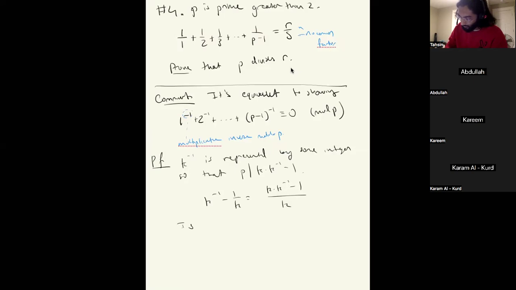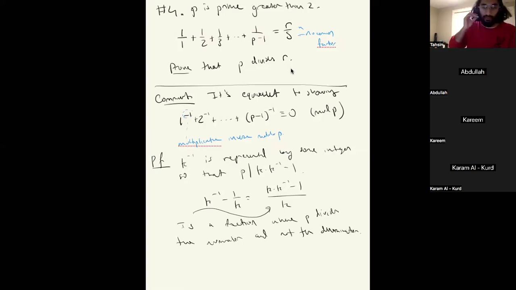This is a number where P divides the numerator and not the denominator. Does this make sense what I'm saying? I'm not saying it's a reduced fraction. It might not be reduced, but it's a fraction where P divides the numerator and not the denominator.